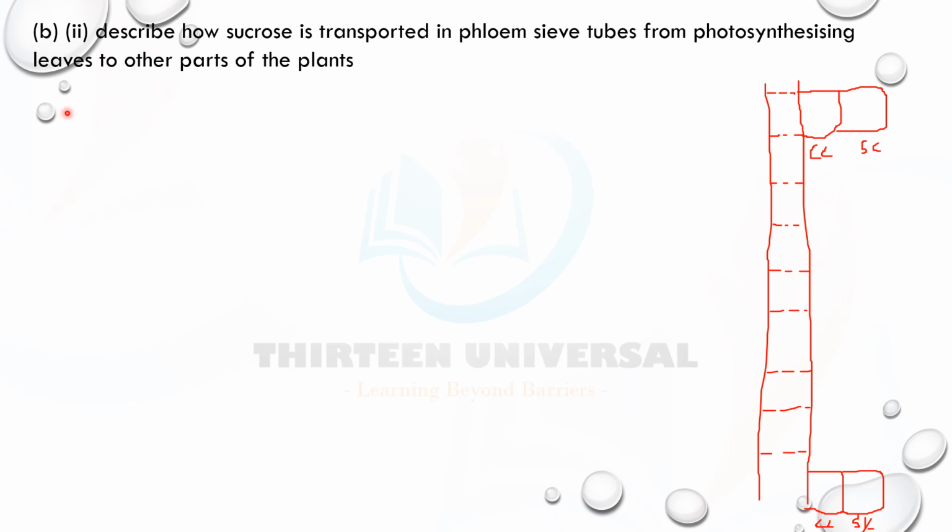What ideas come to your mind when you describe the transport of sucrose in phloem sieve tubes from photosynthesizing leaves, that is, source to sink? That's the first thing you have to think about. You write them down somewhere, scribble them, and then look at which ones are most appropriate and which should come first, because you are describing. So there should be a sequence.